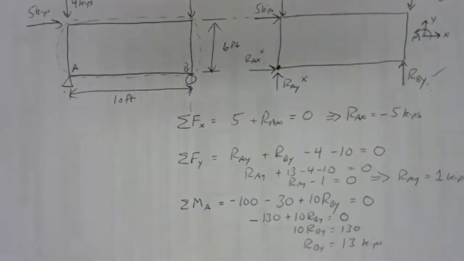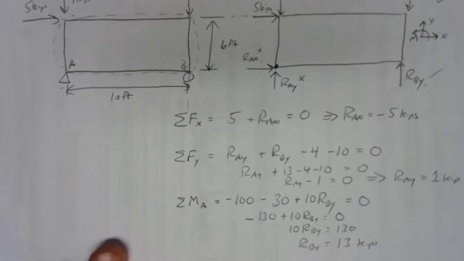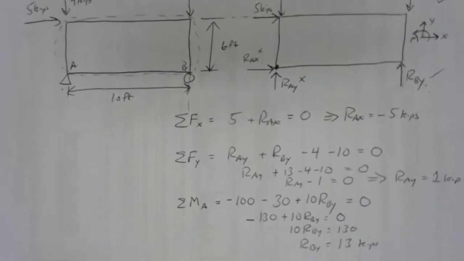So there we've got our reactions. We have the reactions at the supports, and that's the first step to doing the truss analysis. We've got the external problem solved. Anyone have any questions on our solutions for the external problem?